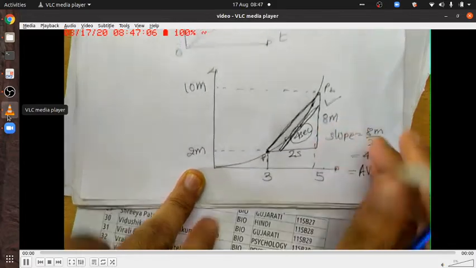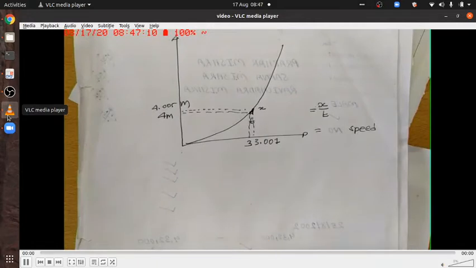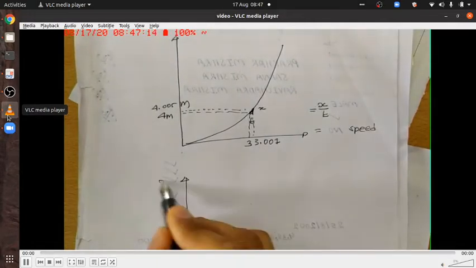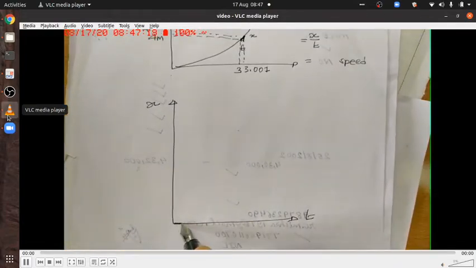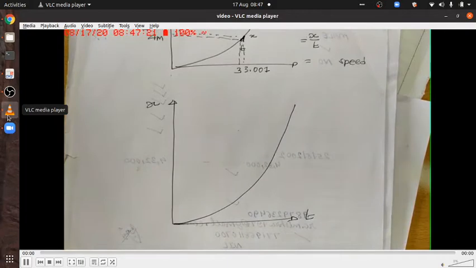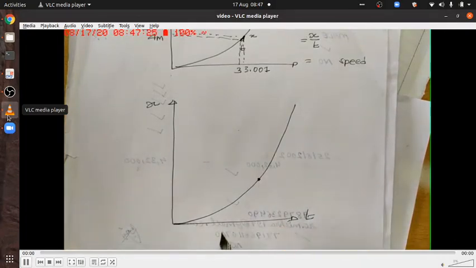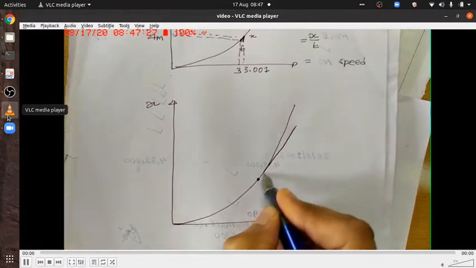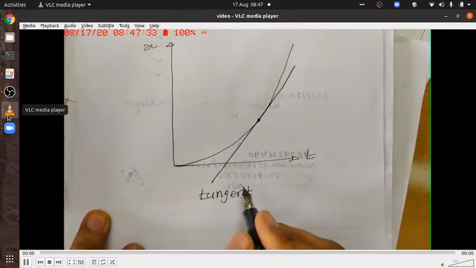If I show it separately, this is the x versus t graph. It is non-uniform motion. Somewhere here, if you want to find speed, what should you do? You should draw a tangent. Right? Now tangent equals slope.